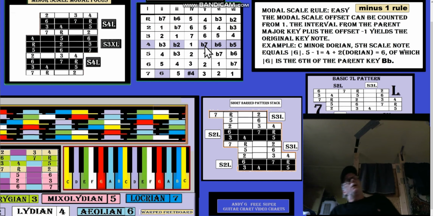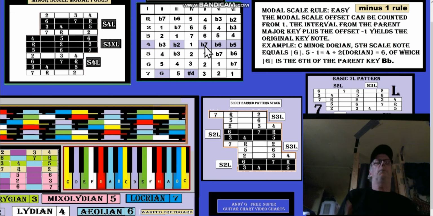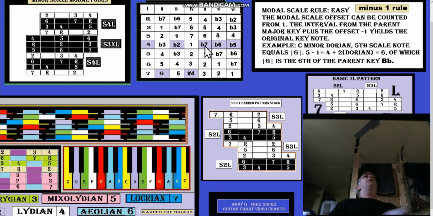So there are ways to tell what is the key of the song. A lot of songs go like this.